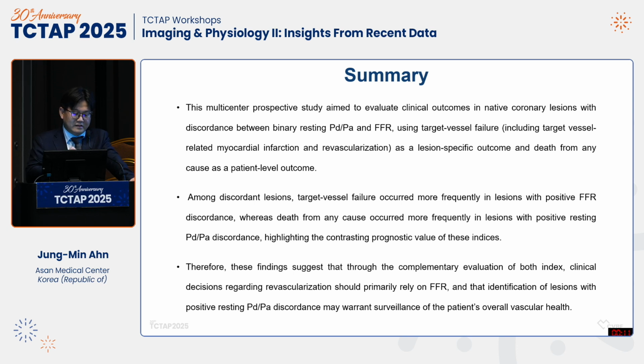Among discordant lesions, target vessel failure occurred more frequently in lesions with positive FFR discordance, whereas death from any cause occurred more frequently in lesions with positive resting PDPA discordance, highlighting the contrasting prognostic value of these indices. Therefore, these findings suggest that, through complementary evaluation of both the resting and hyperemic index, clinical decisions regarding revascularization should primarily rely on FFR, and the identification of lesions with positive resting PDPA discordance may warrant surveillance of patients' overall vascular health. Thank you for your attention.